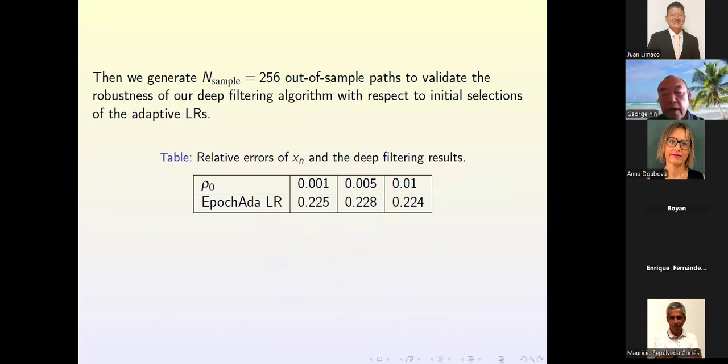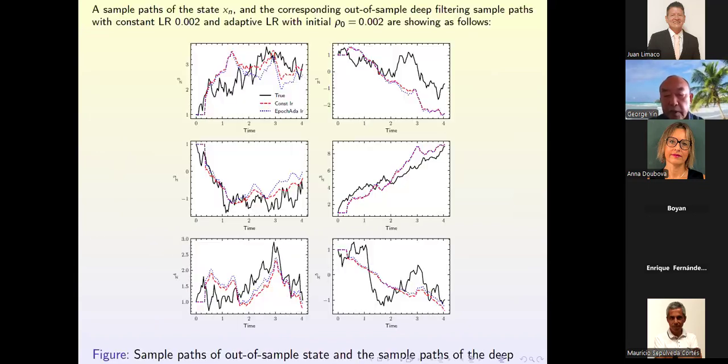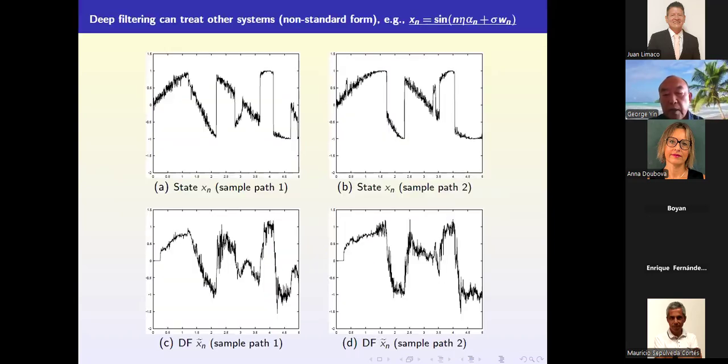Here is a calculation of the relative error. Because it's much more nonlinear, the rate is slightly lower than the previous case. Those are showing the six-dimensional thing for the different components. Here I'm showing another picture.